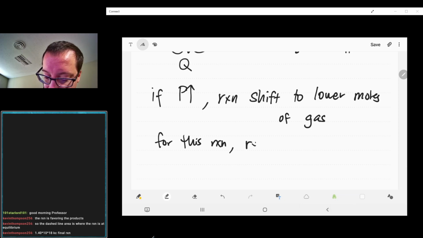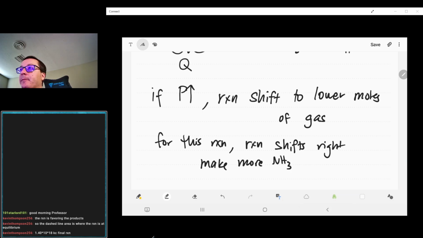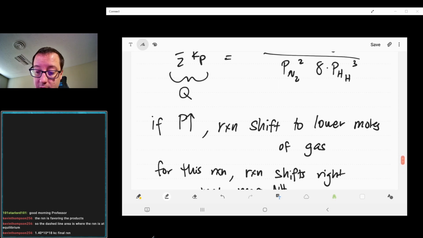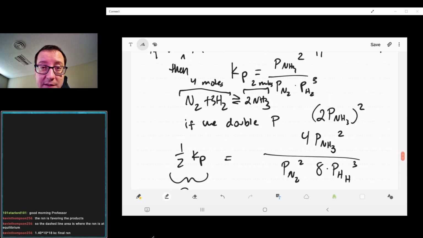We're going to see that the reaction will shift to the right, and it will make more ammonia as a result in order to fix this problem. So you can also think of it in terms of concentration. We're decreasing our volume.